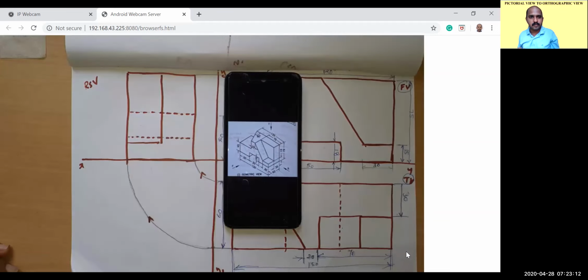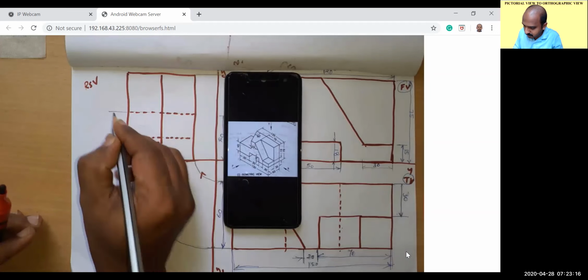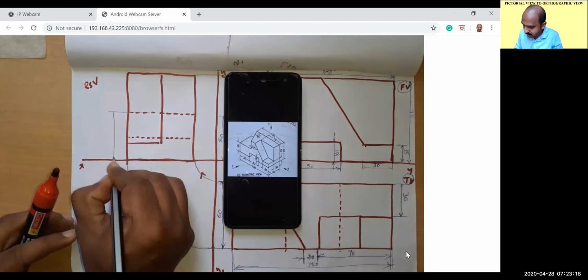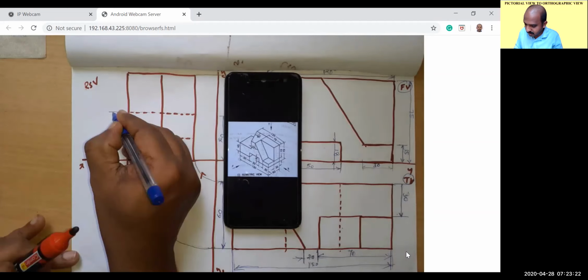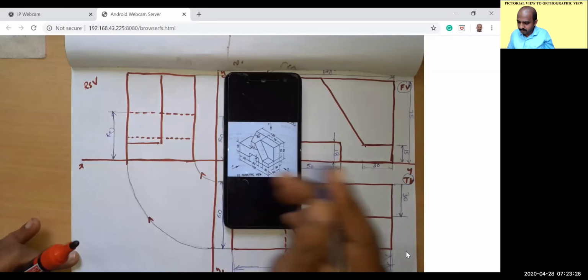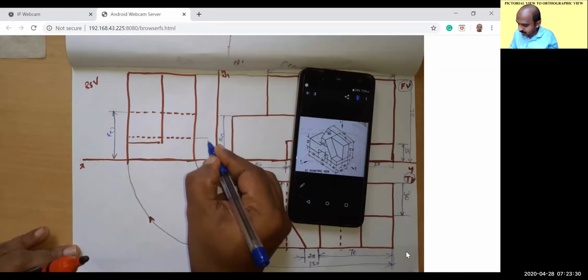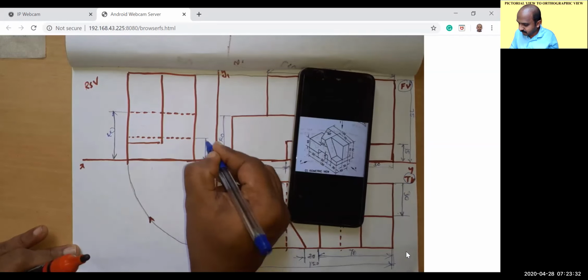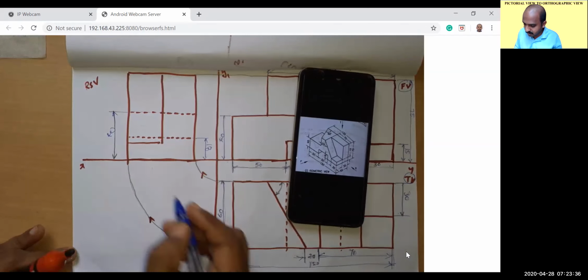So what about this height? This is actually your 40. This is at a height of 40. And what about this one? This is at a height of 18. And this one?